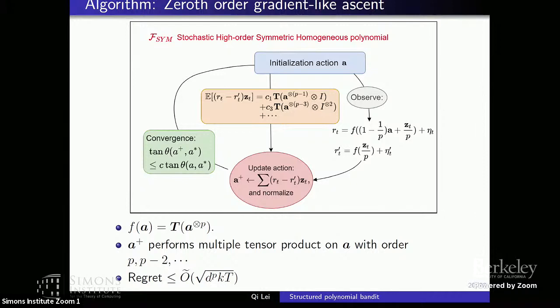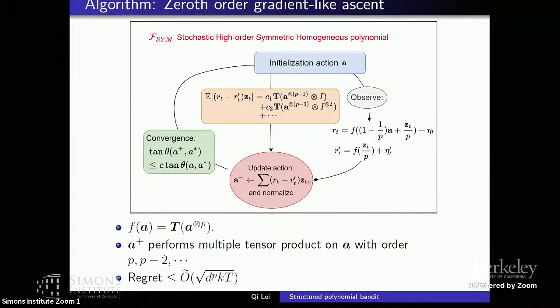Each one will push you towards the desired direction. So with this kind of algorithm, again, we can show that it has superlinear convergence towards the target direction. And we can show a regret of this form, square root of d to the p power times k times t.